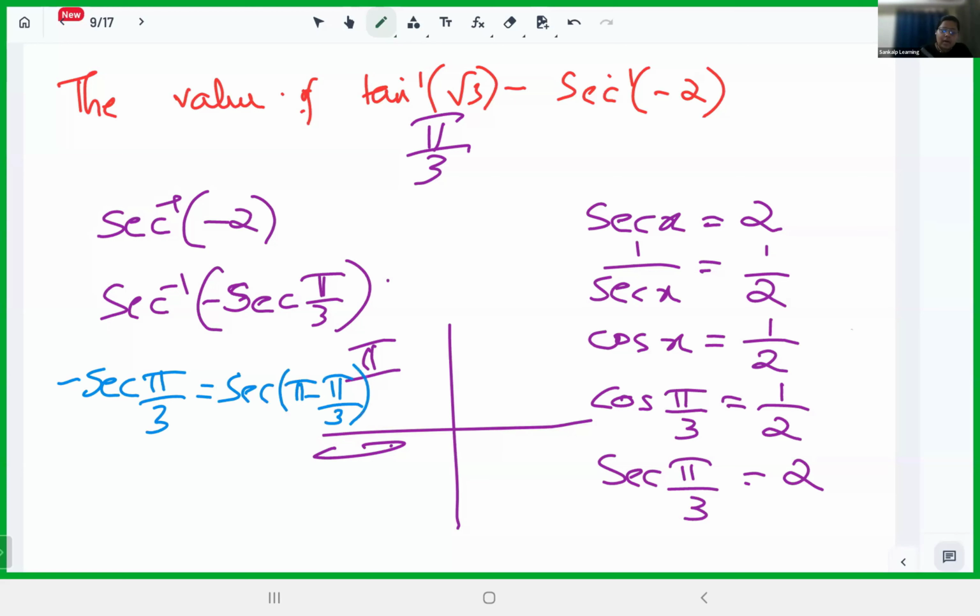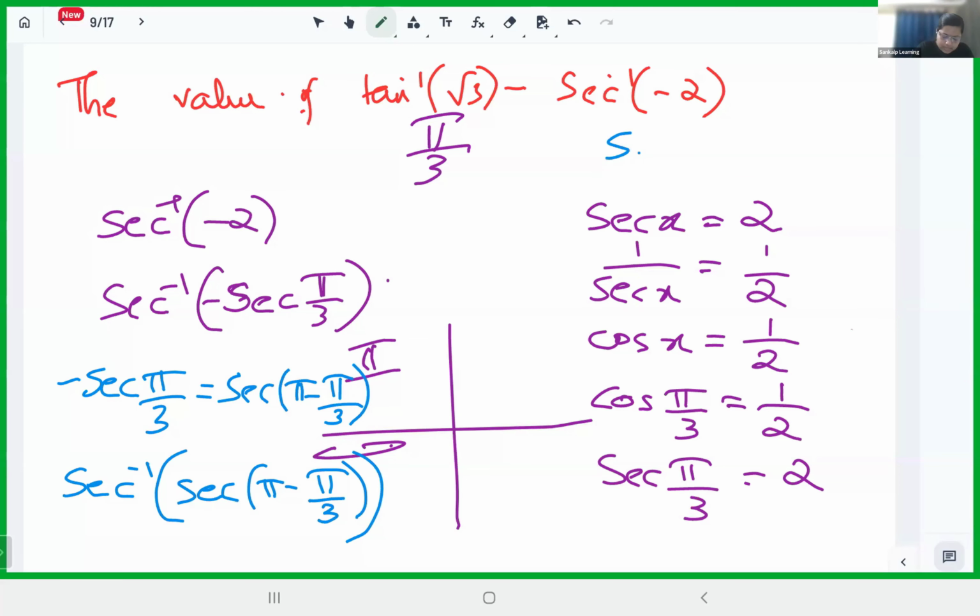All right. Now I'm going to put it in the question. That is sec inverse of sec of pi minus pi by 3. Now I can apply the property sec inverse of sec x is equal to x.